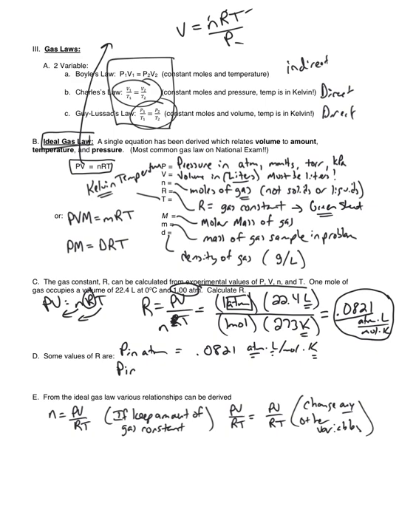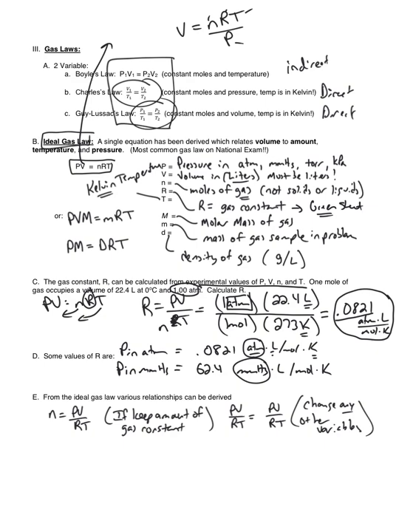If your problem is in millimeters of mercury, you're going to use 62.4. And now the units are millimeters of mercury, liters per mole, Kelvin. So the R changes whenever the units on the pressure change. The key thing is to match up the pressure units, and that'll tell you which R value to use.